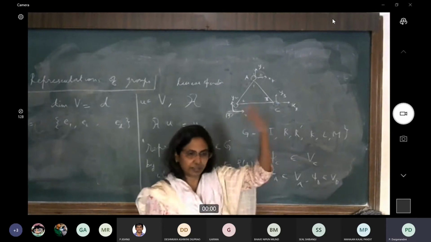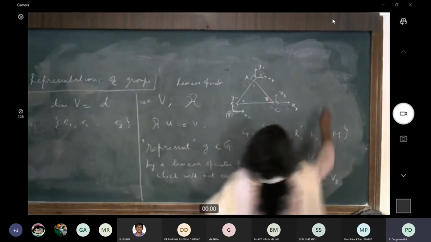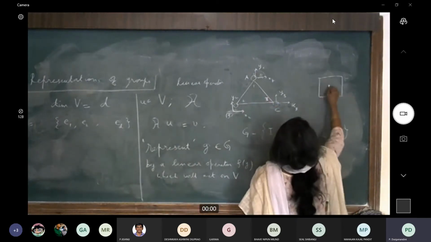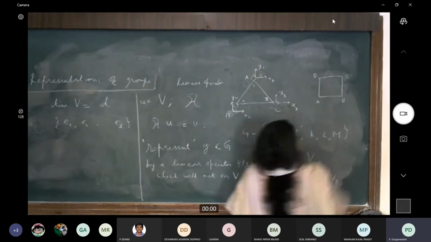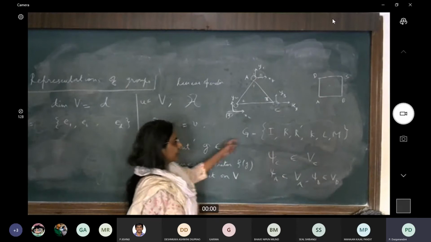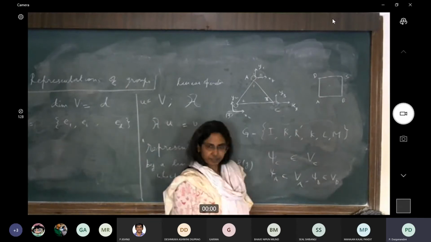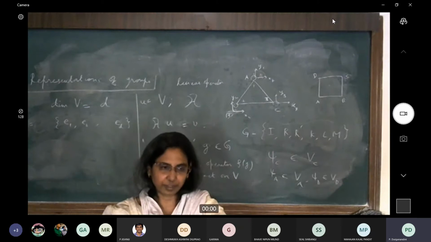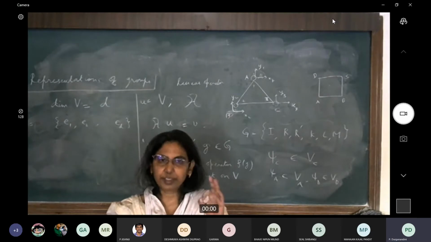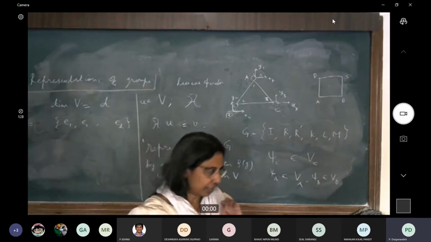For some other problem, suppose you had 4 atoms at the corners of a square. Then obviously this will not be the symmetry group, it will be another symmetry group. So once you have defined your physical system, identify the symmetry group of transformations.